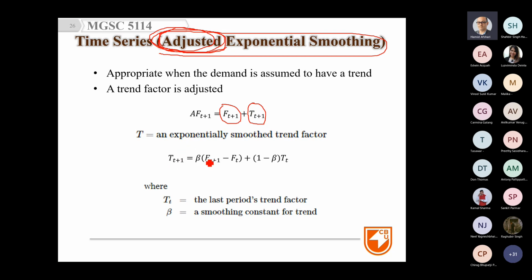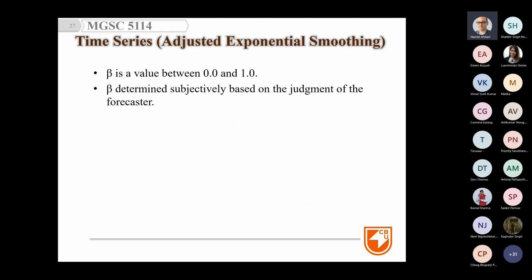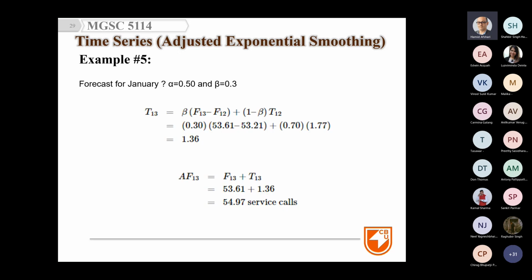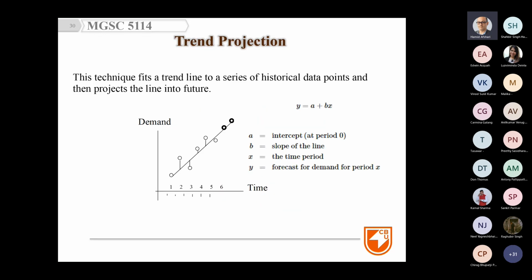So the idea is exactly the same as the previous method. We just put an extra component of the trend to account for fluctuations. So let's move on. We don't need to spend time on that method.